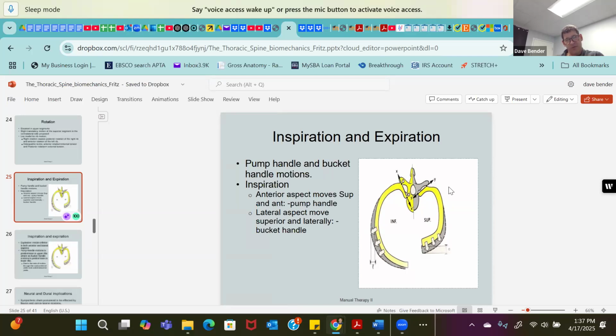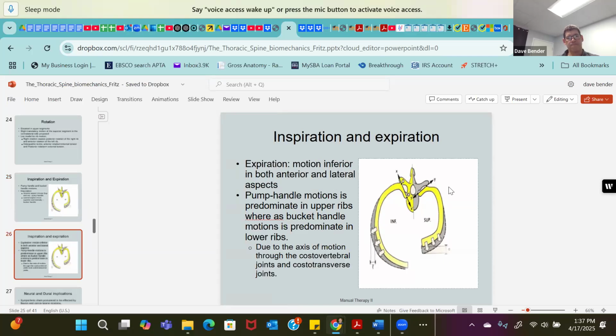Look at the costotransverse joints a little bit more, how it goes backward, how it's in that plane. When we talk about the pump handle, we're talking about the rib motion on the left, where it's going to be that superior motion.